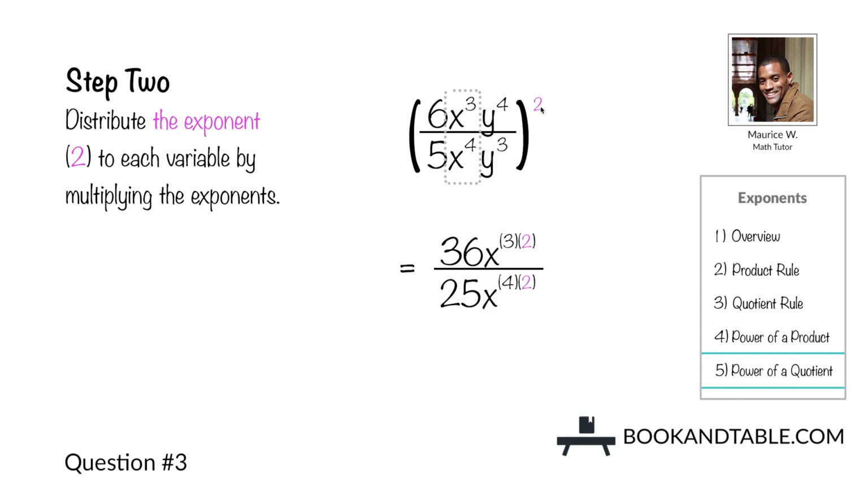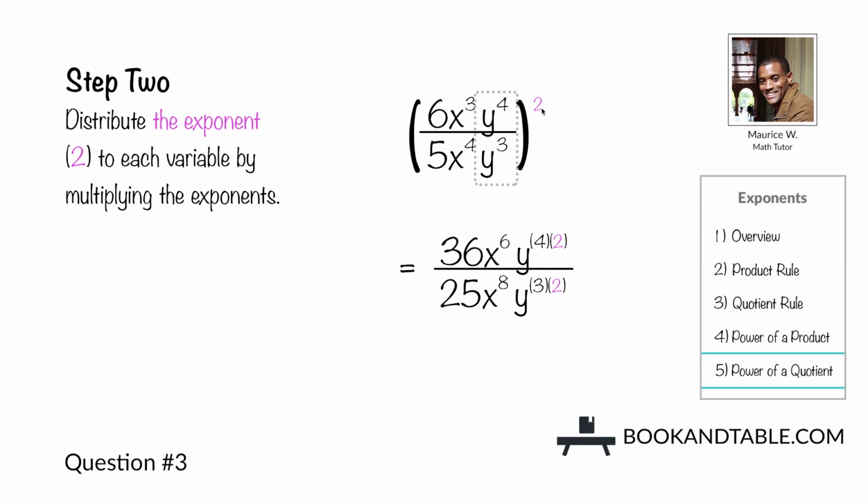So we distribute the 2 to our x's. X to a power of 3 to a power of 2 gives us x to a power of 6 in the numerator. And in the denominator, x to a power of 4 to a power of 2 is equal to x to a power of 4 times 2, which is 8. X to the 6th, x to the 8th.